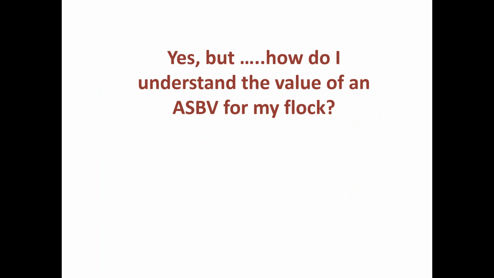Okay, so it's important to get an understanding of where those numbers lie for the traits of interest. Otherwise, as much as they've got lots of value, they'll be very difficult for you to use when you come to a sale.